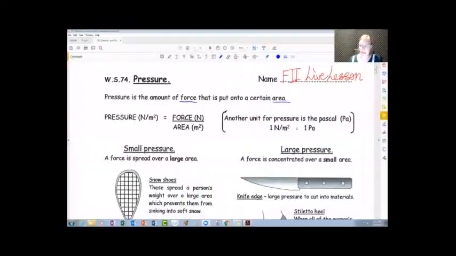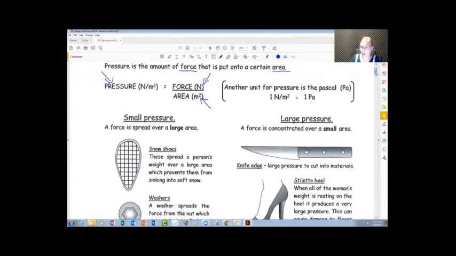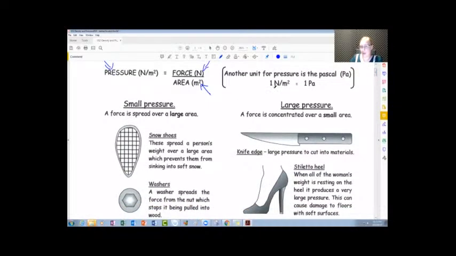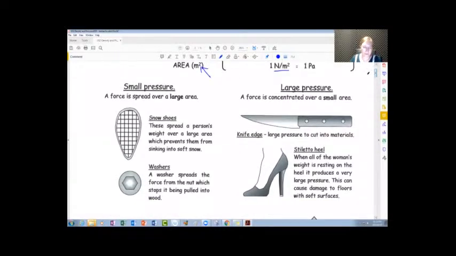So we have pressure, which is a certain force in a certain area, just like your hand and the pen. We measure it in newtons per meter squared. A small pressure means that we have a force that is spread over a large area.